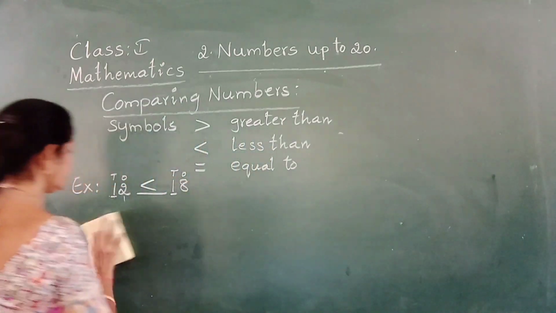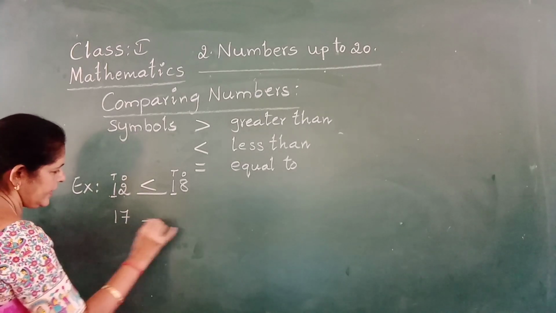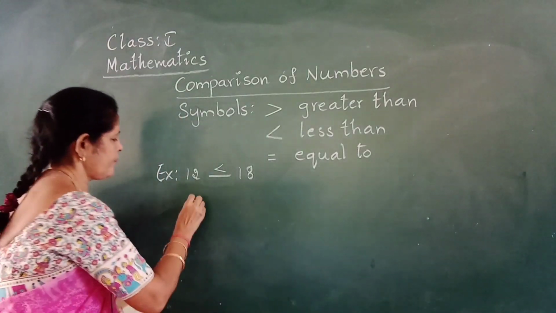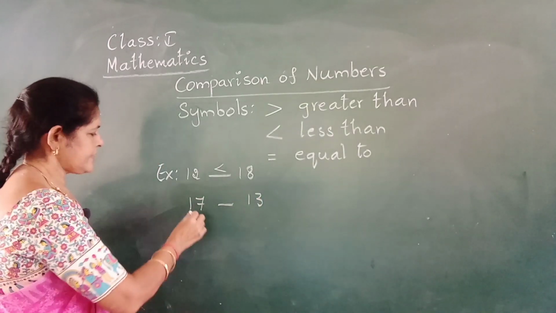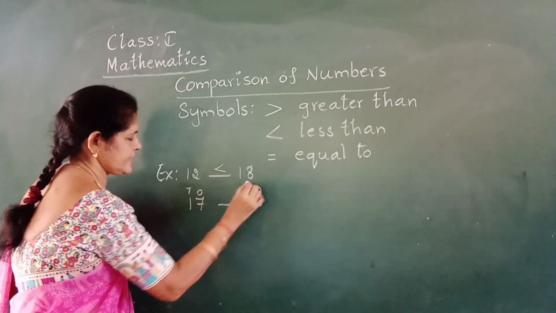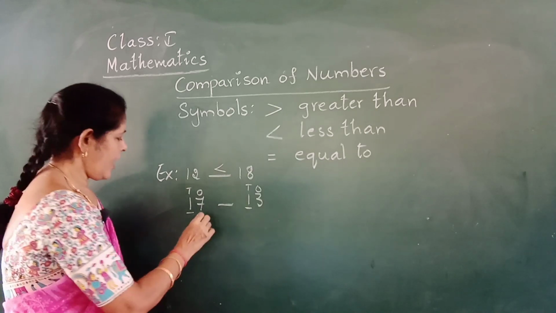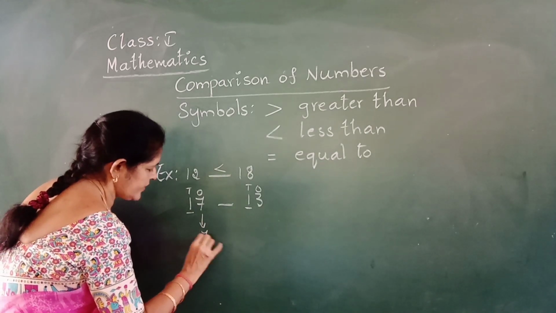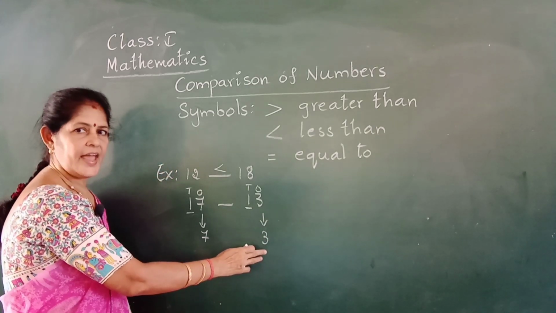Here we are going to use two-digit numbers. Look at the second example: 17 and 13. Ones place, tens place. Both have 1 ten and 1 ten. Now comparing ones, 7 ones, 3 ones. 7 is greater than 3.